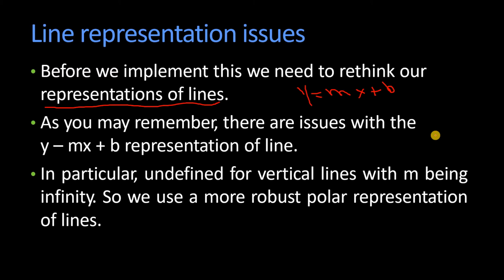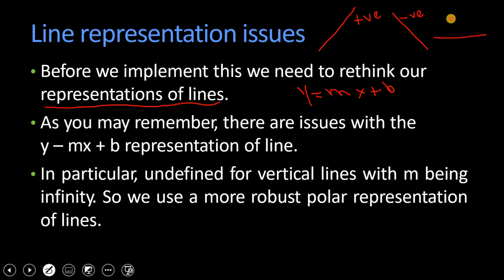We discussed last time that if the line is like this, it has a positive slope, and if the line is like this, it has a negative slope, and if the line is flat, it has zero slope. But there is one big problem: if the line is vertical, it will have an infinite slope, and we will not be able to use this equation if the line is vertical.